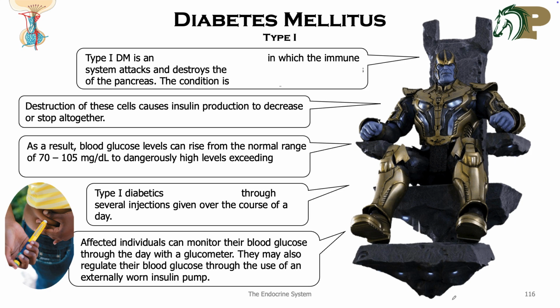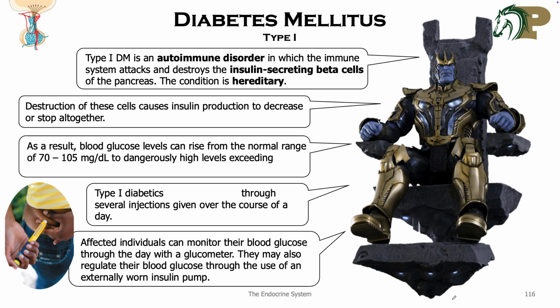Okay, a little bit more on type 1 and 2 diabetes. Again, type 1 diabetes is an autoimmune disorder in which the immune system attacks and destroys the insulin secreting beta cells of the pancreas. The condition is hereditary.